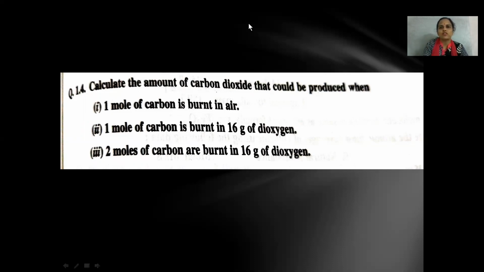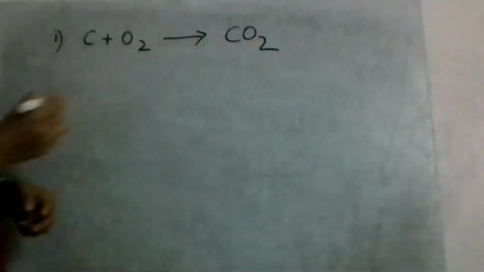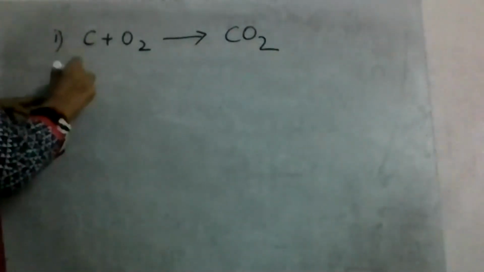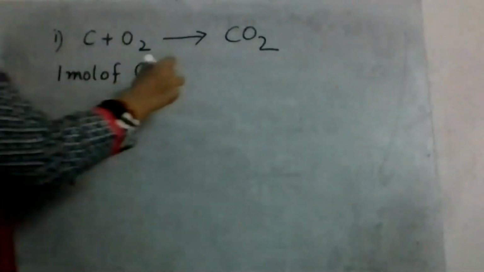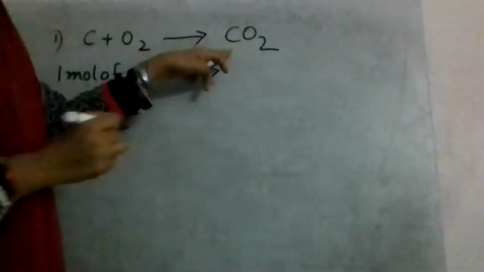I'll show you on the board how to do this problem. The question is carbon reacts with oxygen and it results in the formation of carbon dioxide, CO2. So 1 mole of carbon will produce how many grams of carbon dioxide?